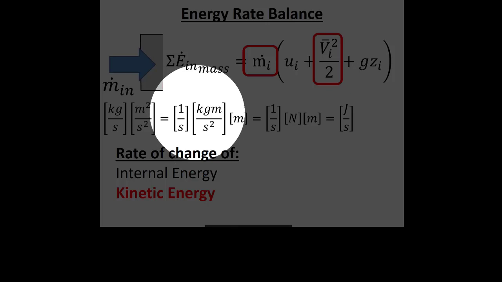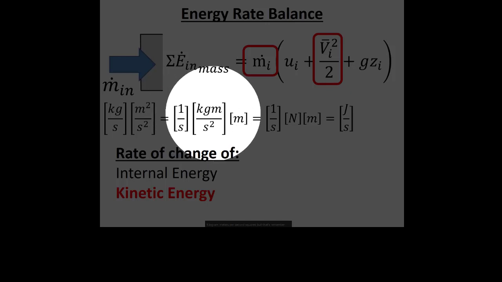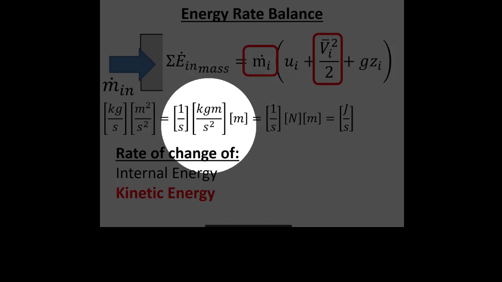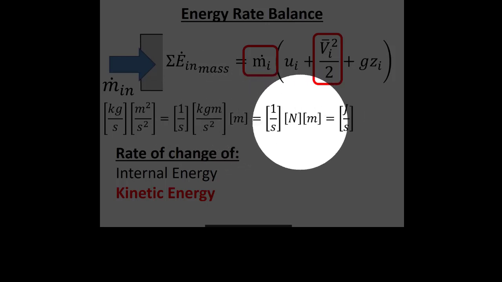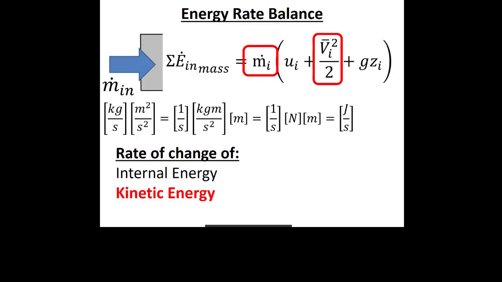But remember Newton's law: force is equal to mass, kilograms, times acceleration, meters per second squared. Now times meters, so this is just newtons in this square bracket here. So this is 1 over seconds times newtons times meters, or joules per second. So this is still energy per unit time.